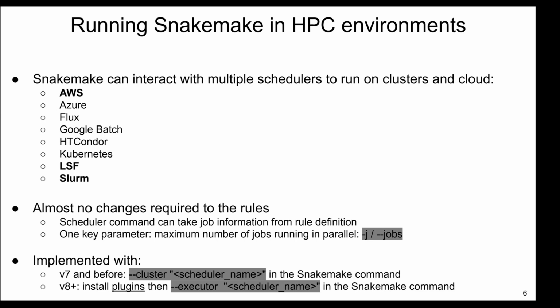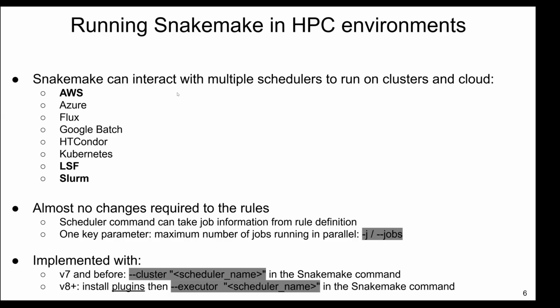For example, if you give a rule a certain amount of memory, the scheduler will pick it up through Snakemake. It does, however, require changing one key parameter, which is -j or --jobs, the maximum number of jobs that you can run in parallel in Snakemake. If you don't change this, even with the most powerful computer ever, Snakemake will only run one job at a time.